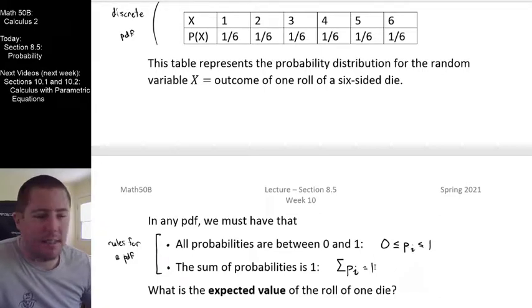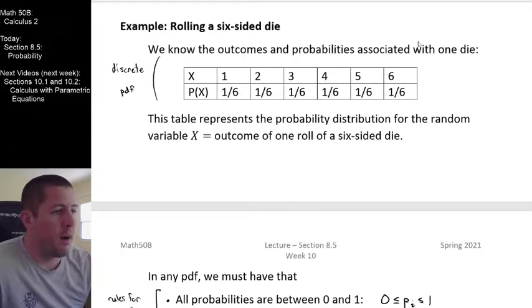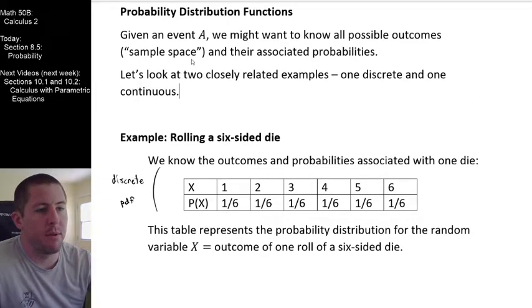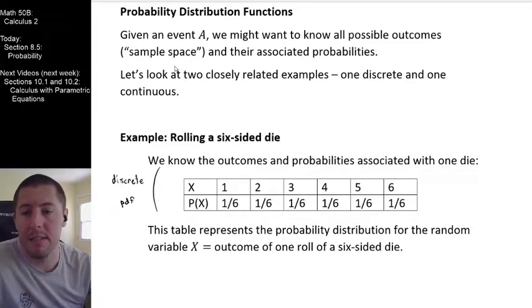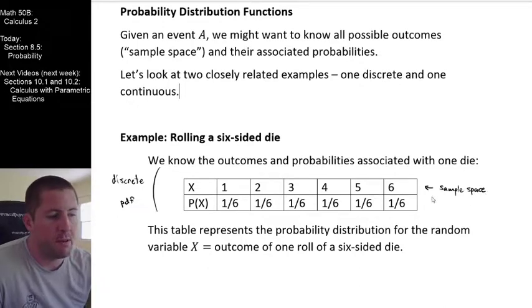And I want to state a couple more things here. Back up here in our table, I stated a word that I did not verbally define. This sample space is the list or a description of all possible outcomes. So this is our sample space. It's 1, 2, 3, 4, 5, or 6 for this particular random variable and event.